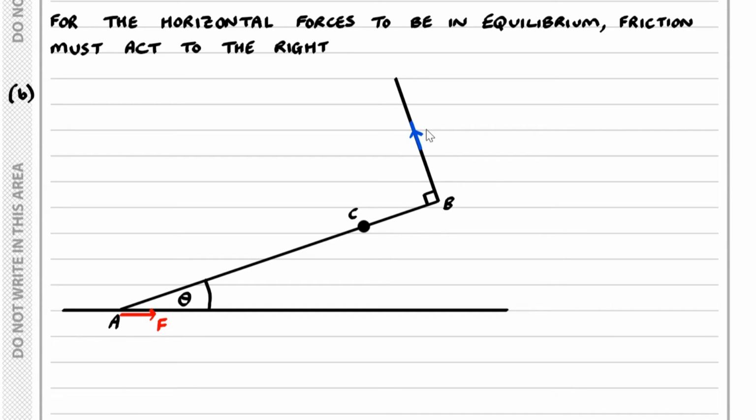We'll call this tension T. And then we've got the weight of the rod AB that would act through the center.